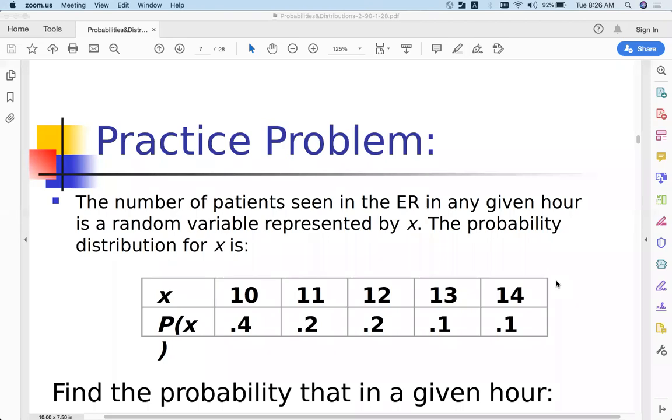In my understanding, in the next hour the patients in the ER room is like 10. But how can I explain 11, 12, 13, 14? Actually, I didn't understand what the question is asking.